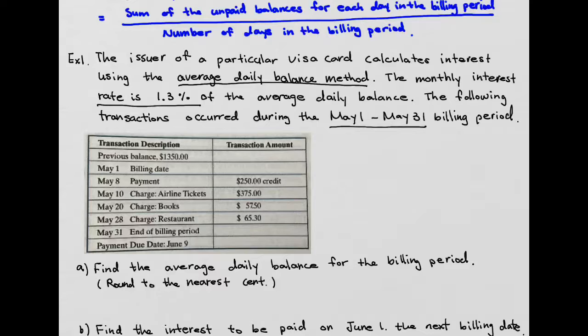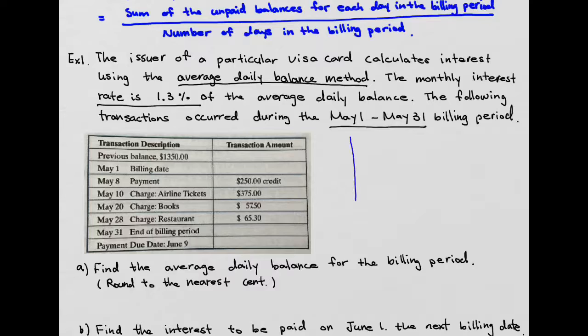In order to do that, we need to create our own chart to figure out how many days you have each balance. So let's make a chart on the side.